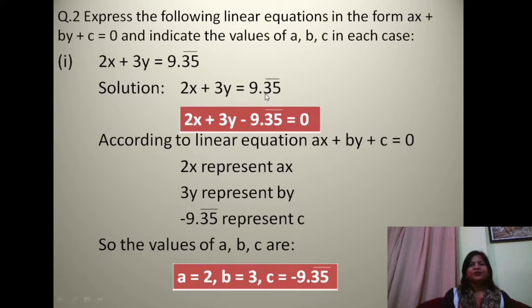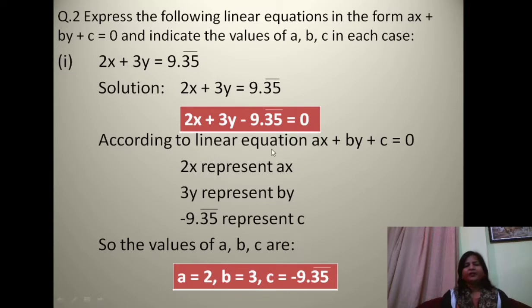So 9.35 we will take to the left side. So here 2x plus 3y minus 9.35 is equal to 0. Now it is converted in the form of ax plus by plus c is equal to 0.